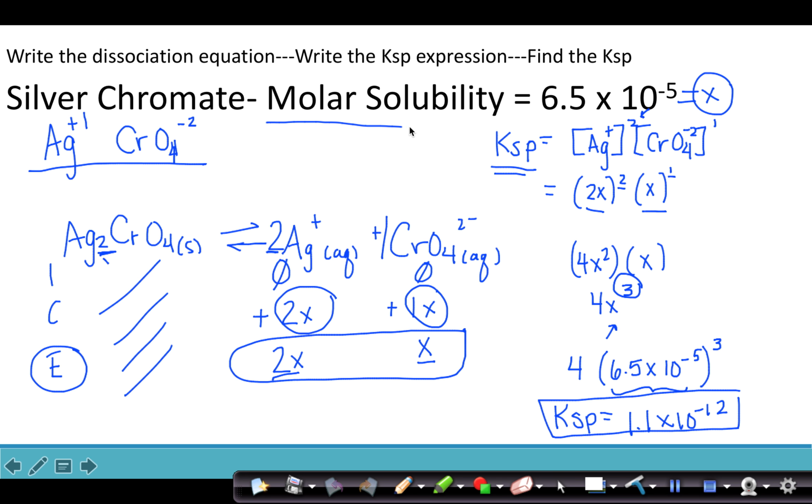Molar solubility is the maximum concentration of something that can dissolve at a particular temperature that the Ksp is defined at. So the maximum concentration of silver chromate in water is 6.5 times 10 to the minus 5 molar. We can plug that in as the x when we get the Ksp expression, and that gives us 1.1 times 10 to the minus 12 for this particular Ksp.